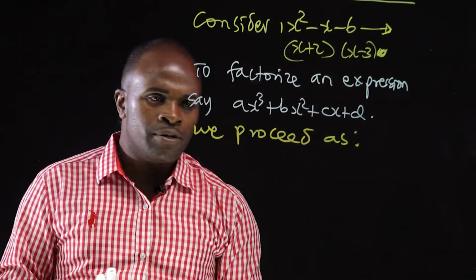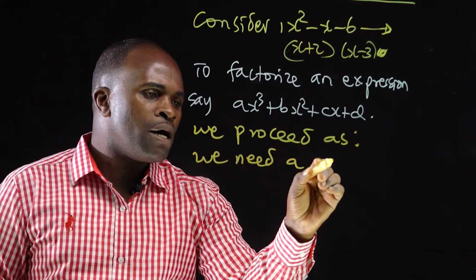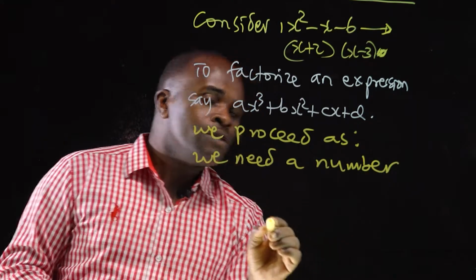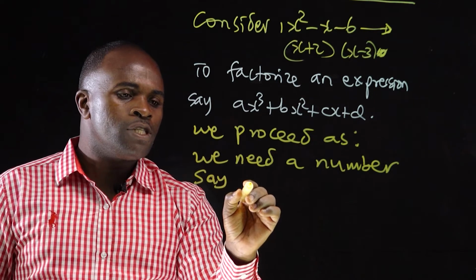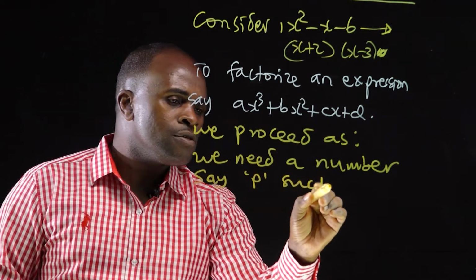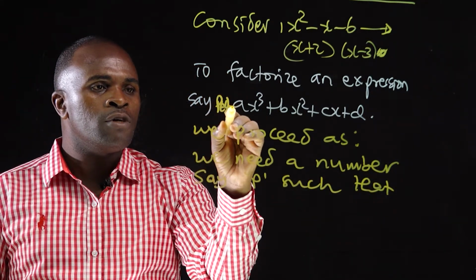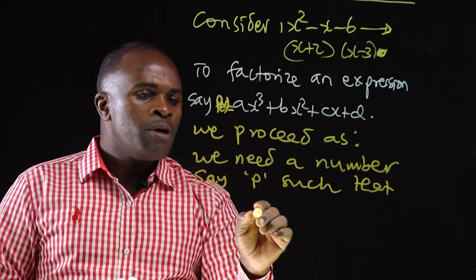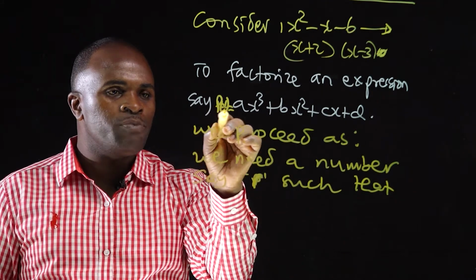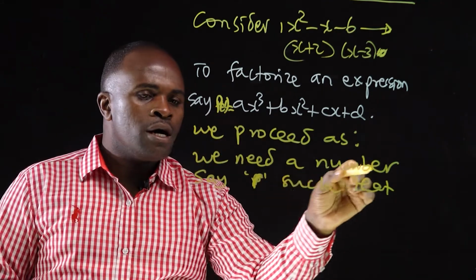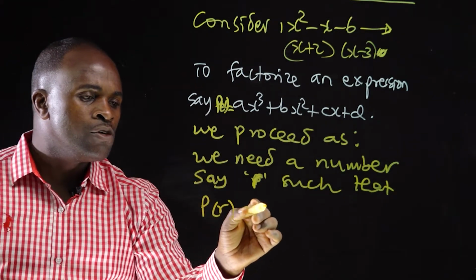We use the inspection method. We need a number, let's call it r, to make it easy because the function is p of x, such that p of r equals 0.